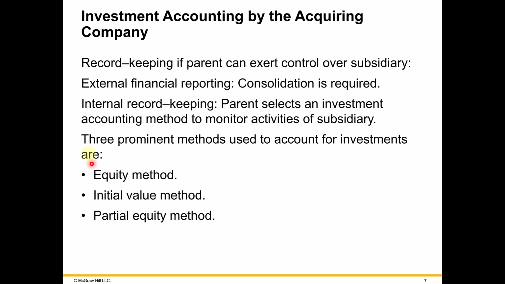And no matter which of these three methods you choose, the ending result for the consolidated financial statement should be exactly the same. Same total assets, same total liabilities, same revenue, expenses, and profit. But the adjustments we make on that consolidation worksheet, again, will depend upon which of these three methods is used by the parent.